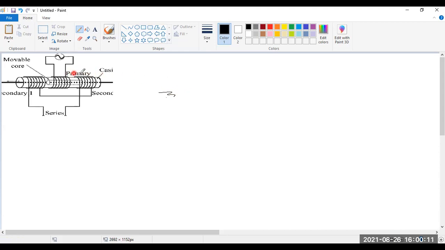Look, this is the LVDT. LVDT consists of generally two coils. First one is the primary coil. This is the primary coil. And second one is the secondary coil. As it is a transformer, it comprises a primary and secondary coil. This is the secondary coil.